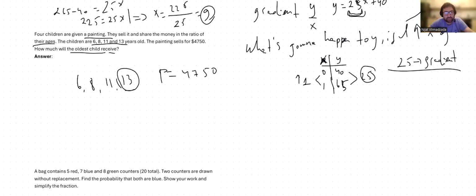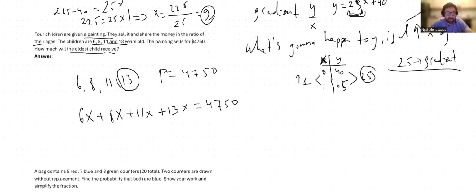So if they are sharing it by the ratio of their ages, the first guy will get $6 times some ratio. The second guy, $8 times the same ratio, $11 and $13 times the same ratio. And the overall money that they got is 47.50.